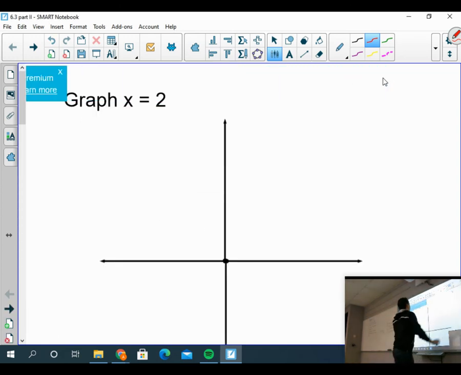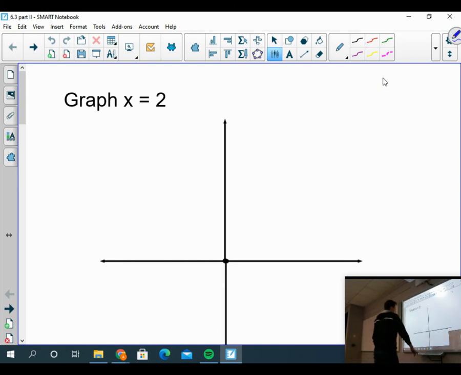Similarly, we can think about a graph of x equals 2.